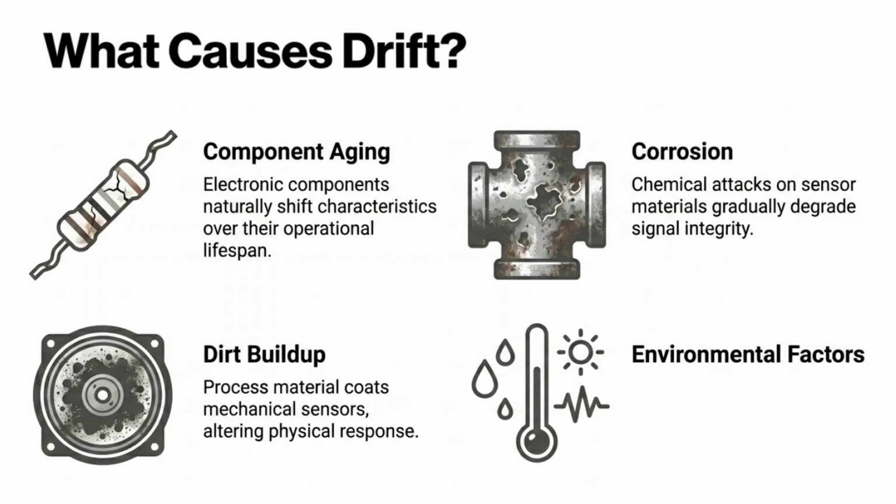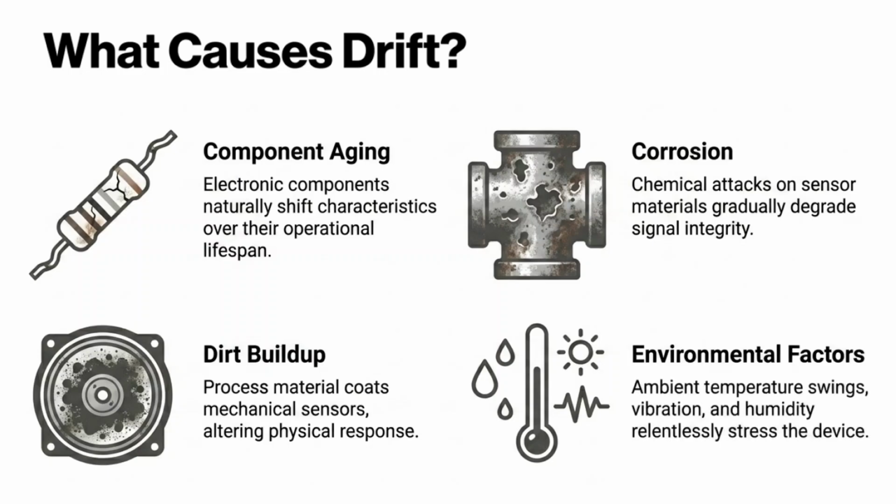Mechanical sensors, diaphragms, pressure taps, if they get coated in process material, their response changes. And environmental factors. Temperature swings, vibration, humidity, all of these stress the instrument in ways that gradually shift its calibration. None of these happen overnight. That's the nature of drift.